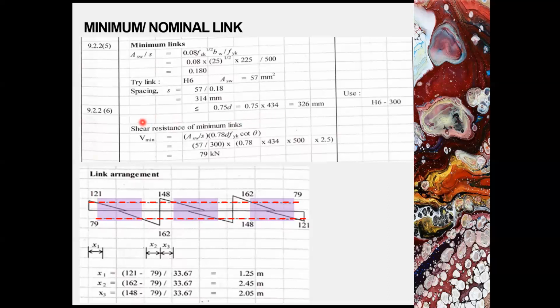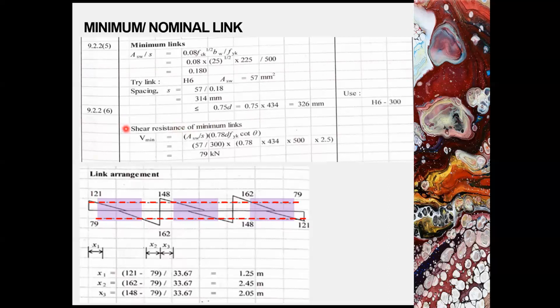You need to remember to check this spacing against the limiting value in clause 9.2.2 part 6. The shear resistance of the minimum links for H6 300 center to center can be determined using this equation.